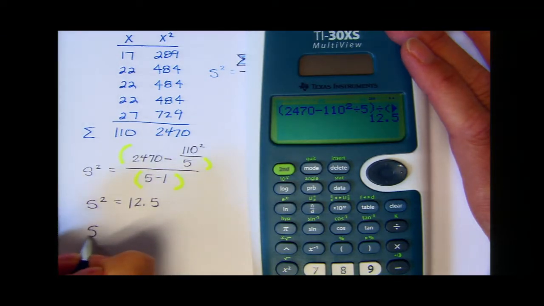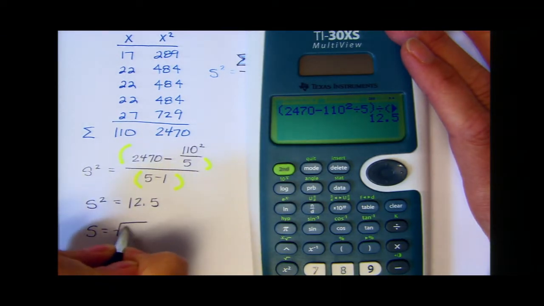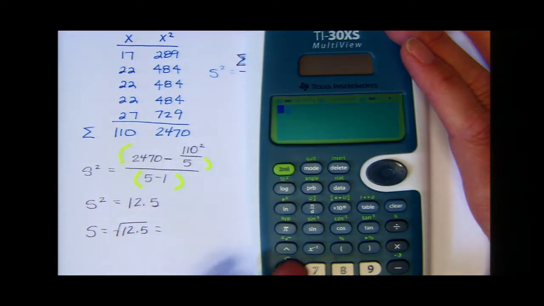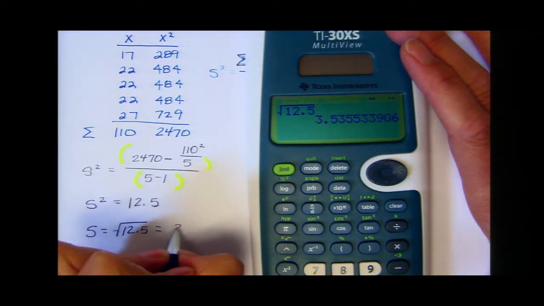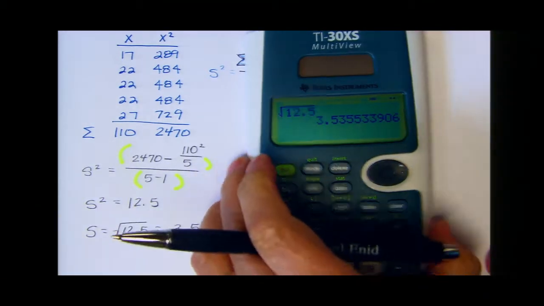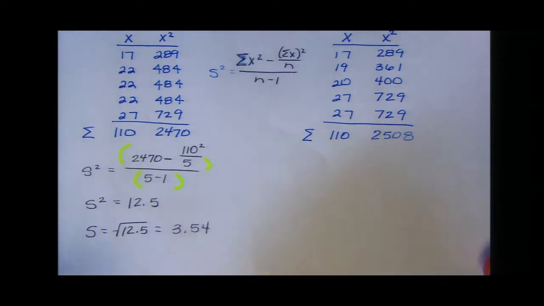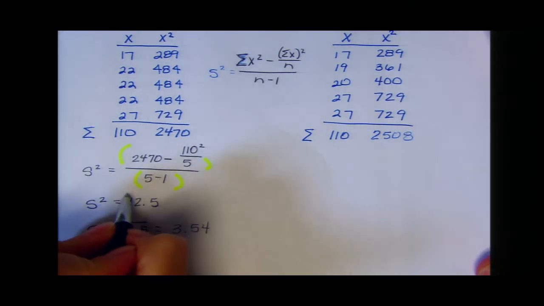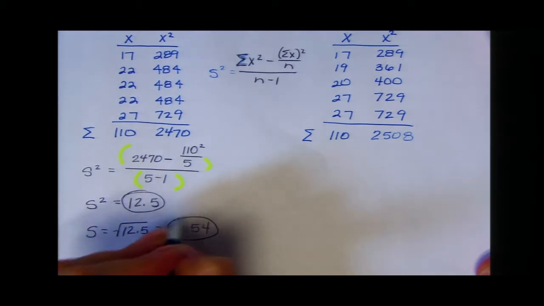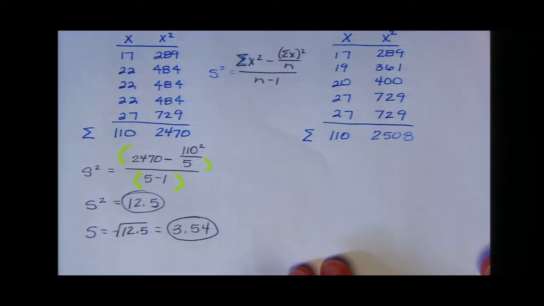So s, which is your standard deviation, would be the square root of that. So the square root of 12.5 is 3.54 approximately. So I get sample variance of 12.5, standard deviation of 3.54.